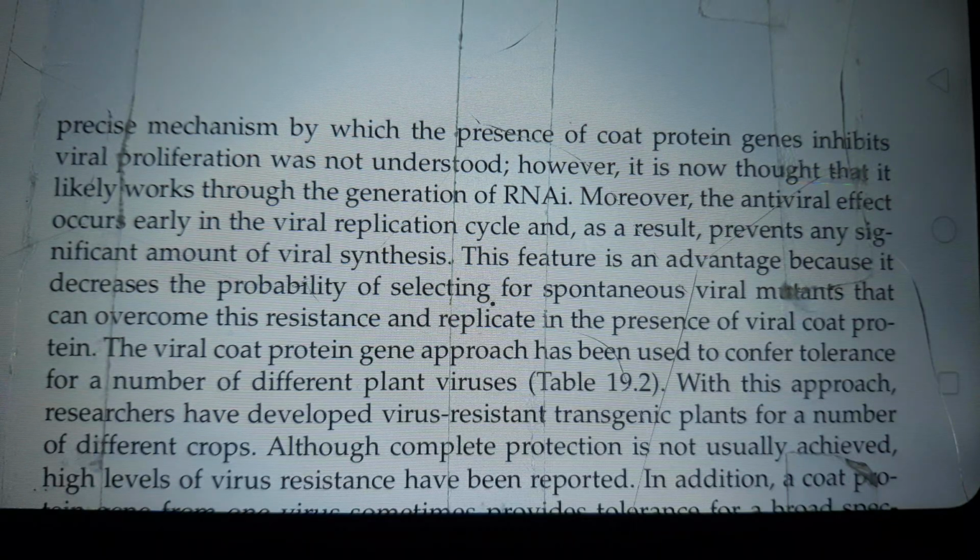This feature is an advantage because it decreases the probability of selecting for spontaneous viral mutants that can overcome this resistance and replicate in the presence of viral coat protein.